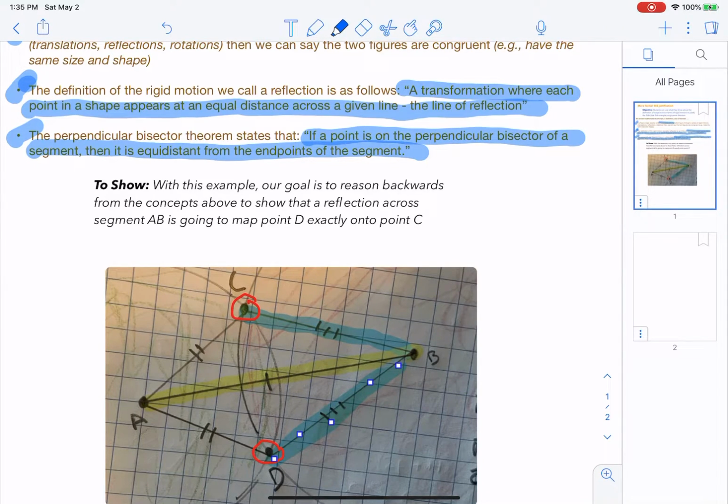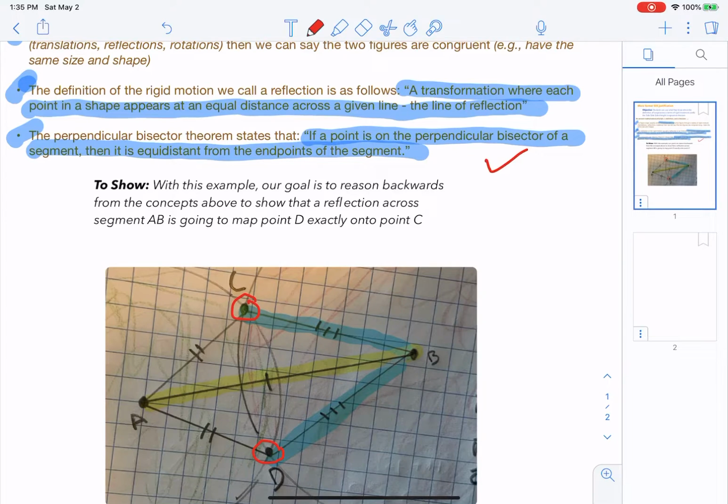Okay, so if that's the case, look here at this perpendicular bisector theorem, which states that if a point is on the perpendicular bisector of a segment, then it is equidistant from the endpoints of the segment.